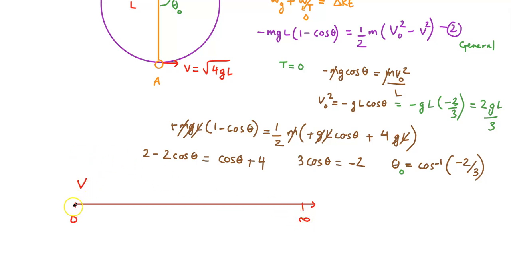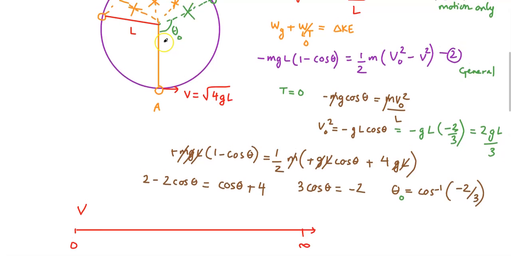And for extremely small initial speeds, the bob is essentially just going to oscillate very close to the mean position. So for extremely small v's, it's basically going to be in simple harmonic motion.